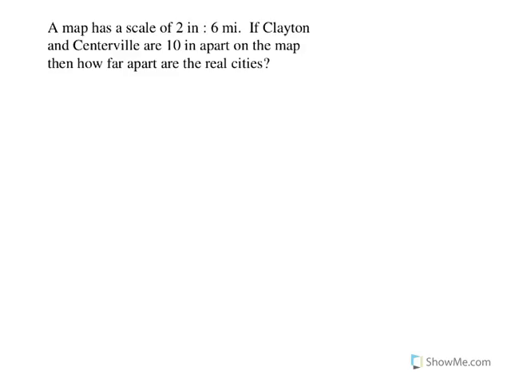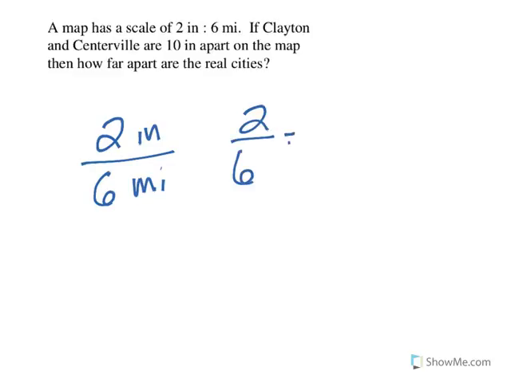Last one that's similar to this. The map has a scale of 2 inches to 6 miles. Alright, here we go with our traditional map that everybody's seen. So 2 inch, 6 miles. So I'm going to have a fraction of 2 over 6. If Clayton and Centerville are 10 inches apart, now 10 inches, I'm going to put that on top.